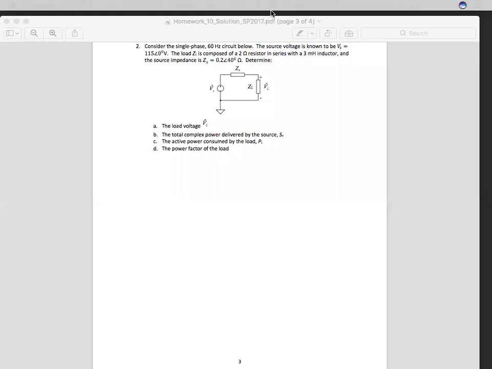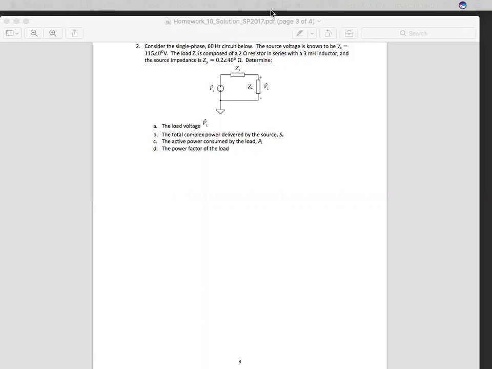The load is composed of a 2 ohm resistor in series with a 3 millihenry inductor, and the source impedance ZS is equivalent to 0.2 angle of 40.